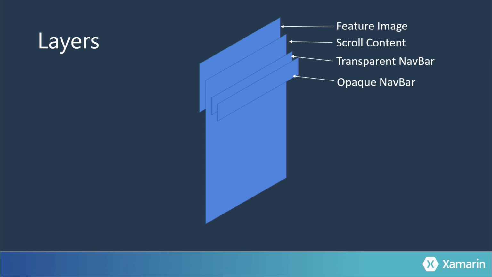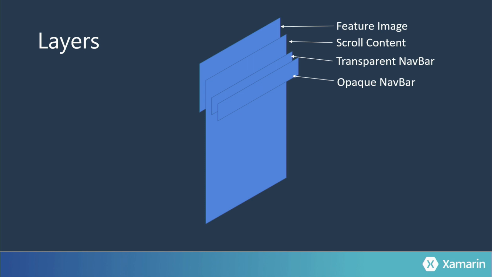Traditionally, that's what has caused problems for developers in Xamarin Forms, is that not all things that scroll in Xamarin Forms tell you they're scrolling. Now, scroll view does have an onScrolled event that will dispatch as the user scrolls. So you can handle that in code behind.